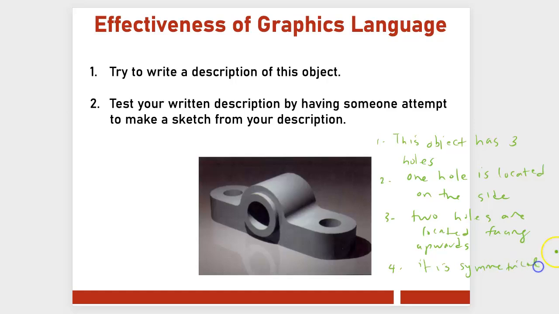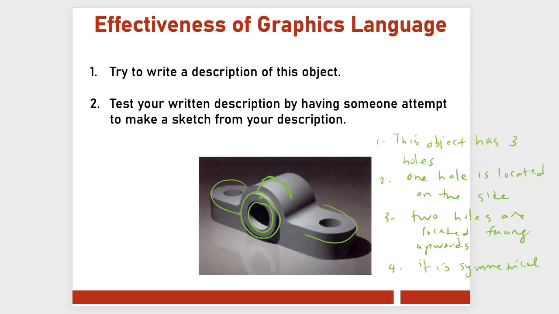So as you can see, what I'm writing down is describing the object, but it doesn't help me to completely describe it. For example, I can't tell you that this object has a curve like that. It's pretty hard to do. And we couldn't describe the extruding or protruding feature of the hole.